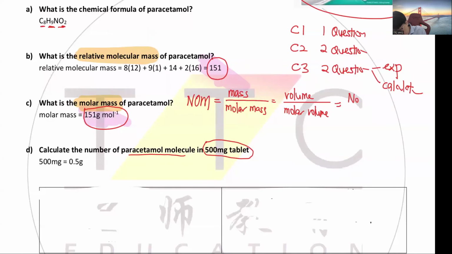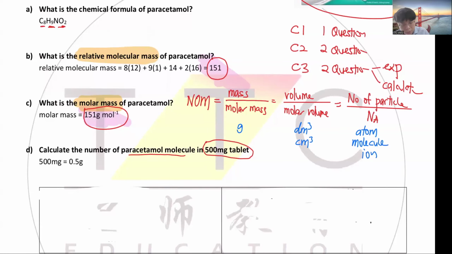Then number of particle over Avogadro constant. So the first formula is for gram. The second formula is for the volume of gas. Then the third one is when they ask you to find atom, molecule, or ion. So you can see now you have gram, so you are changing mass into molecule.